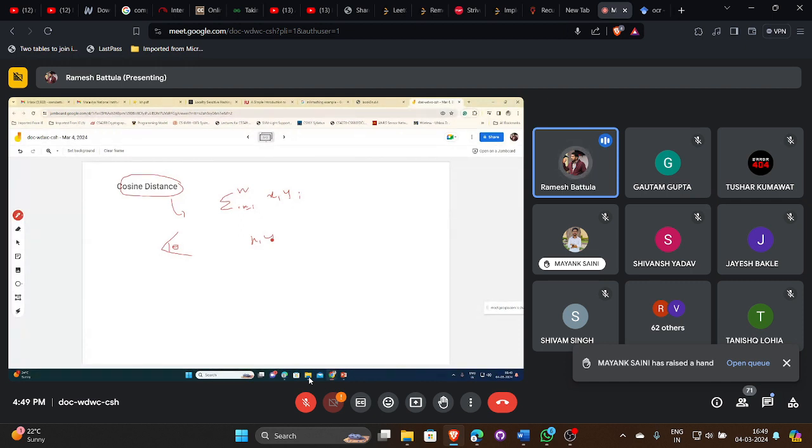You use the dot product between x and y and divide it by the L2 norms of x and y, so that you get the value. As an example, I would like to give you two vectors, x and y: 1 comma 2 comma minus 1, and the other is 2 comma 1 comma 1.